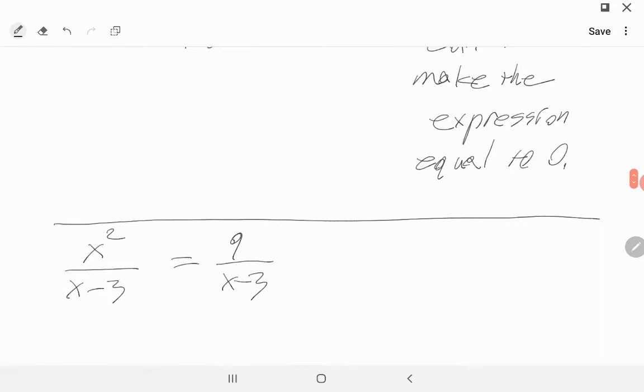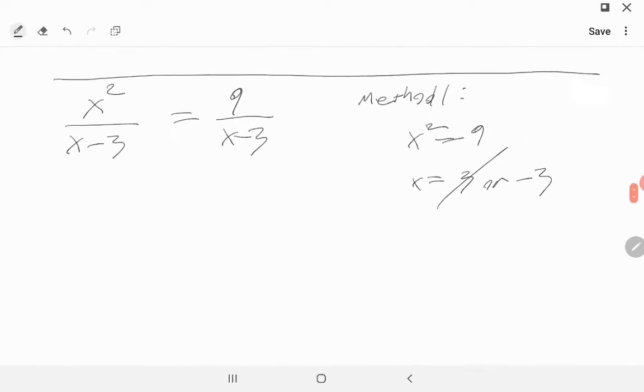if all we do is cross multiply, so method 1, we would wind up getting x squared equals 9, and x would equal 3 or negative 3, which is fine, but you notice that if x equals 3, the denominator is 3 minus 3, which is 0, and so we have to discard x equals 3.